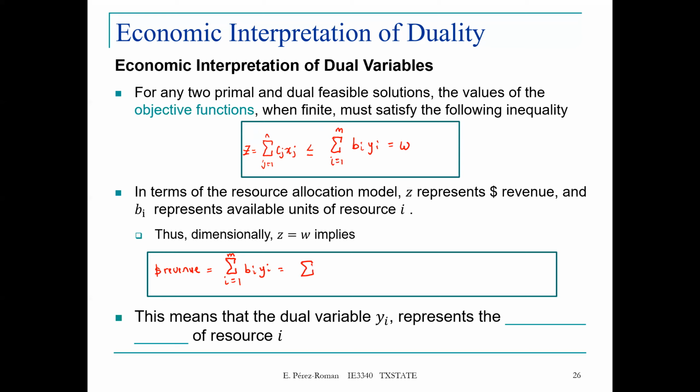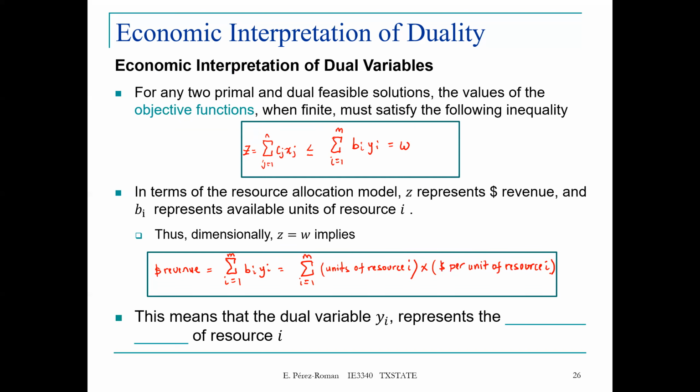This is the same as saying the summation from i equals 1 up to m of units of resource i times the dollars per unit of resource, in this case, resource i.